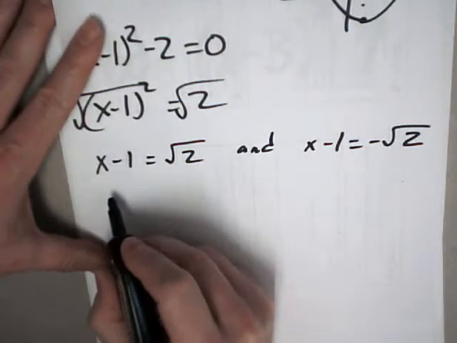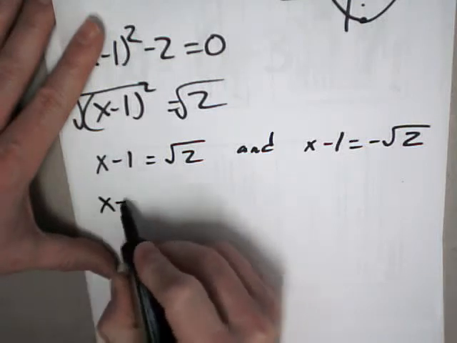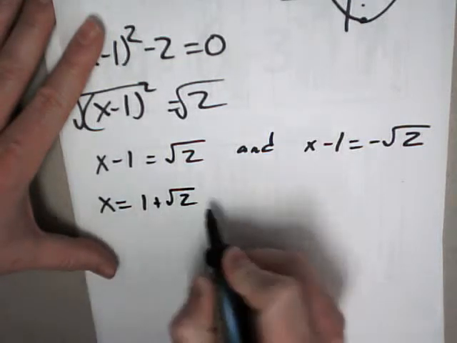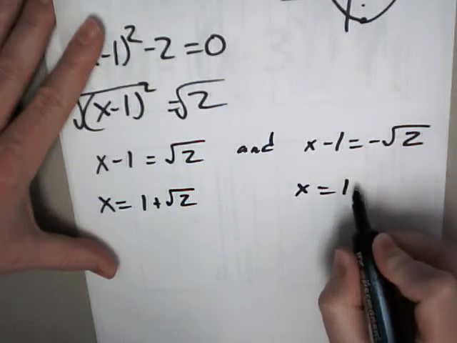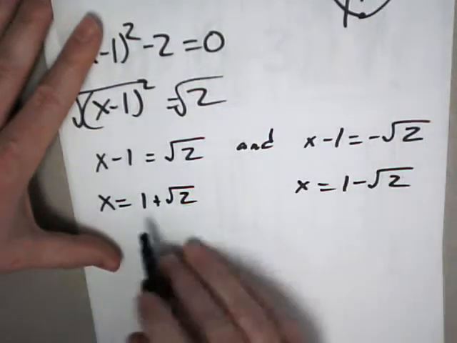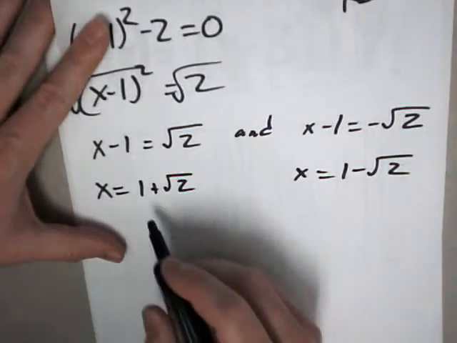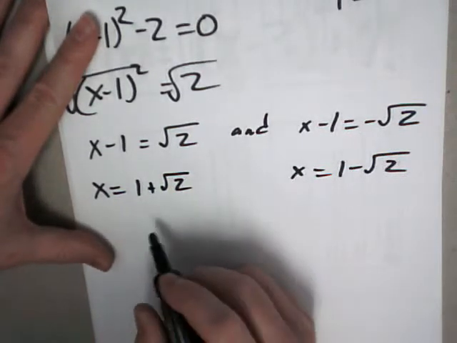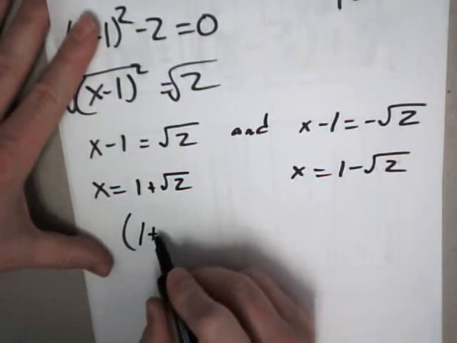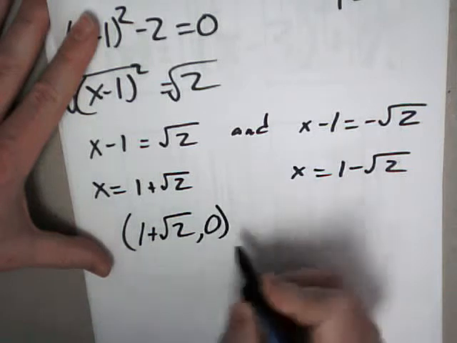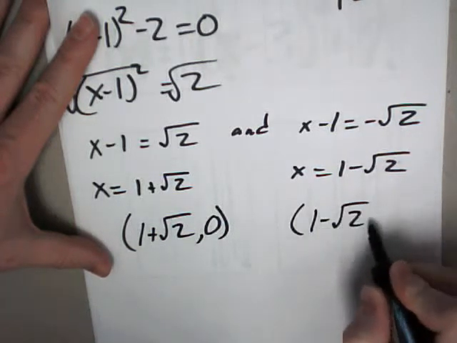So add 1. Add 1. Those are your x values for the x-intercepts. These are actually supposed to be points. I didn't do it for the last one, but this one should have been 1 plus the square root of 2, comma 0, and 1 minus the square root of 2, comma 0.